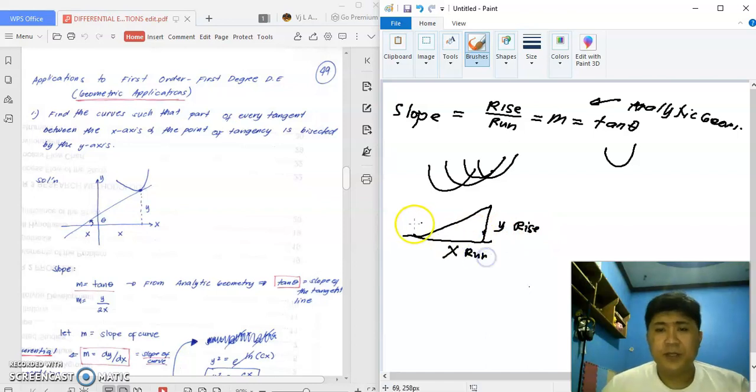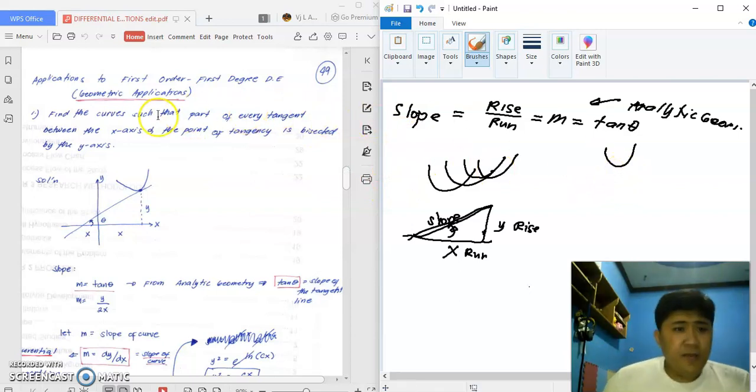And this is your slope. So you will have a slope here, and your m is your slope. From here, you could analyze that this is your tangent line.